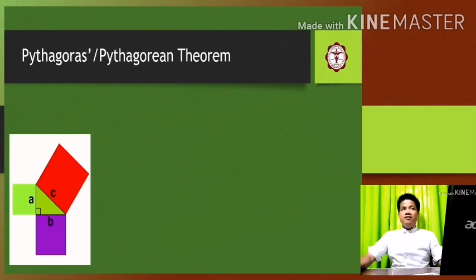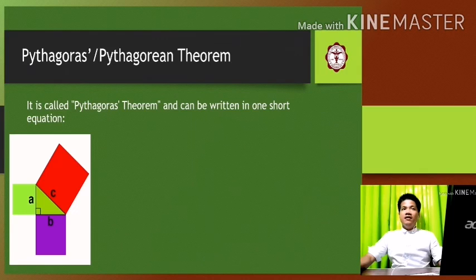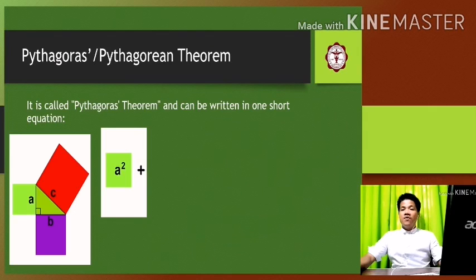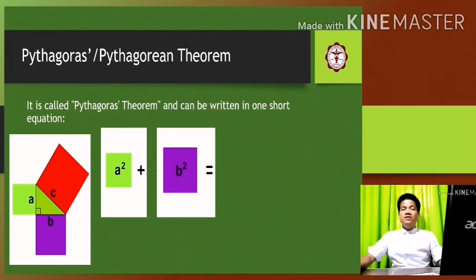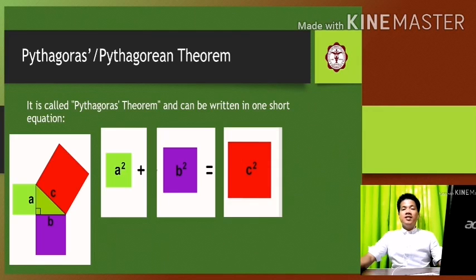It is called Pythagoras or the Pythagorean theorem and can also be written in one short equation. So that will be a squared plus b squared, and that should be equal to c squared. That is what the Pythagorean theorem is all about.